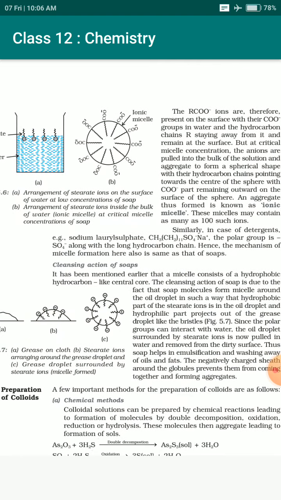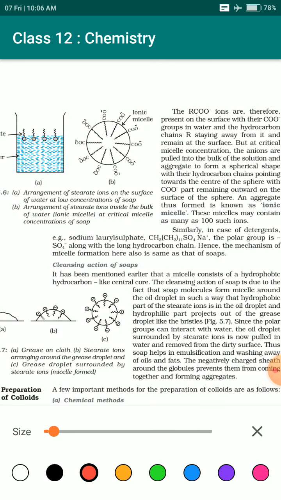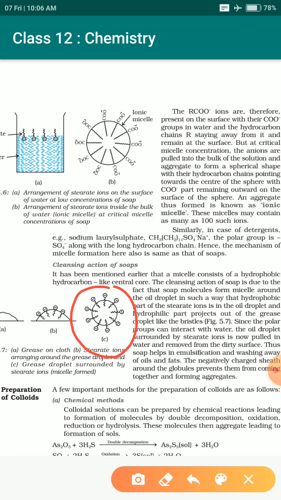The hydrophobic part, which does not get attracted toward water, will be facing inwards. The COO minus part which we see now is actually shown outwards. My mistake, I just said it in a different way.